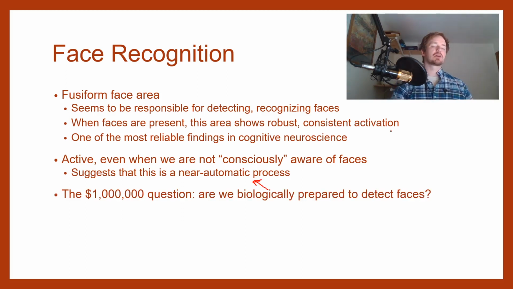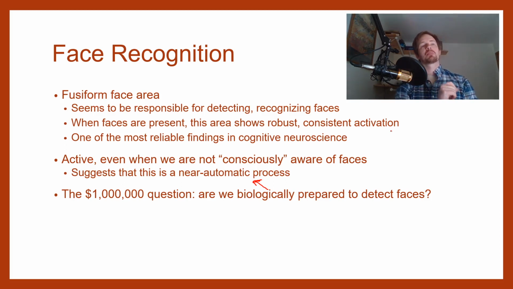And so the million-dollar question to all of this is whether or not, because whenever people found this, the very quick conclusion that people came up with is, oh, of course there's a part of the brain that is most sensitive to the face, because that is evolutionarily advantageous.